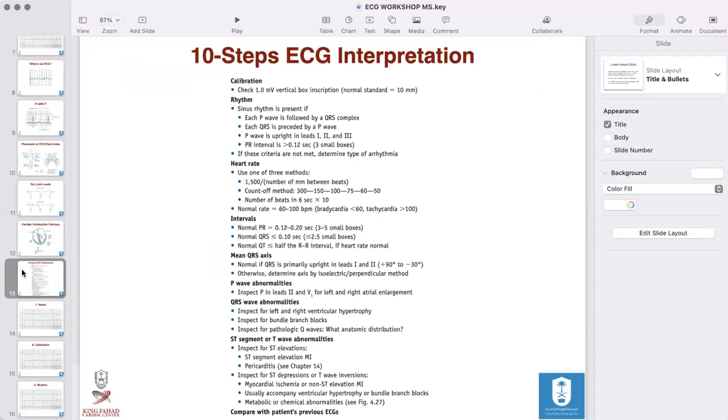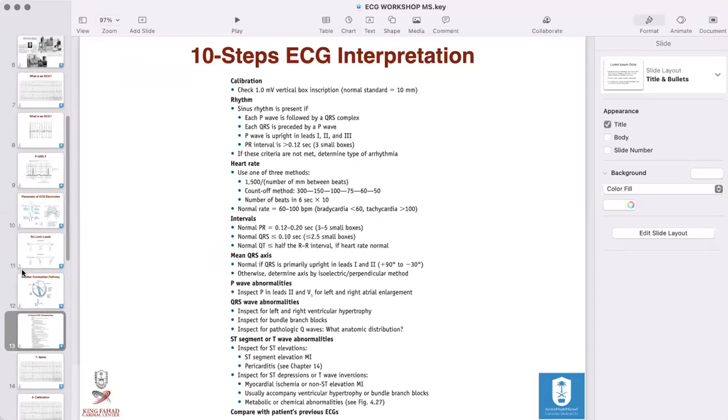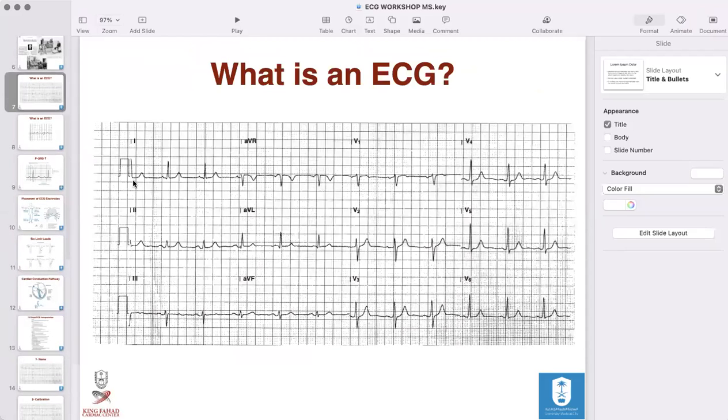Make sure the patient name is right and it was entered for the right person. Two, look at the calibration, which I showed you on the slide. Look at it to see the calibration is accurate, and usually it has to be 1 millivolt, which is around 10 small boxes.